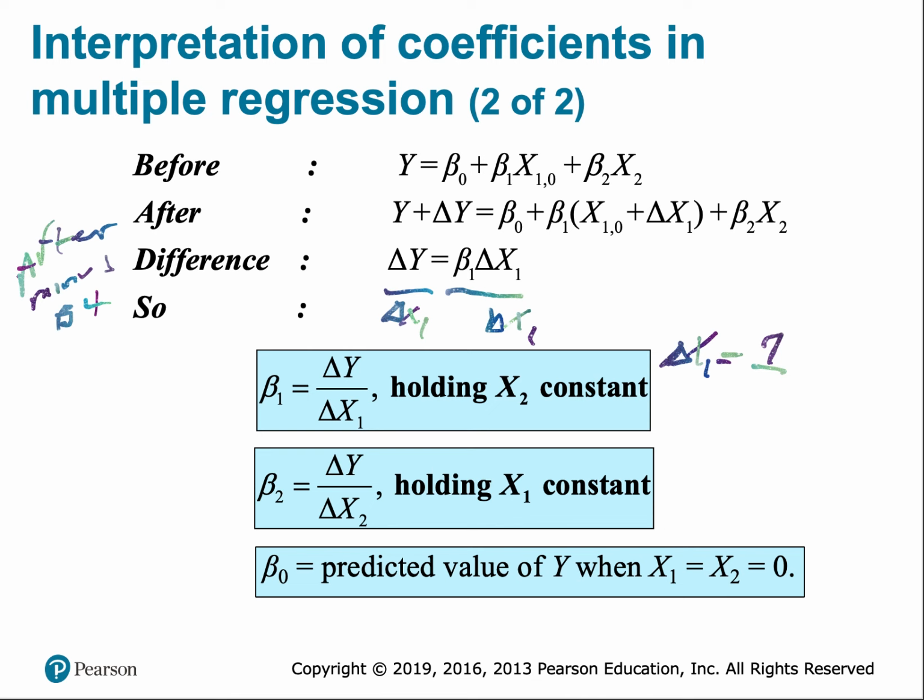And most of the time, this won't have any economic interpretation. This just tells us where our line is going to best fit the data. Okay, and so this is the population multiple regression model.